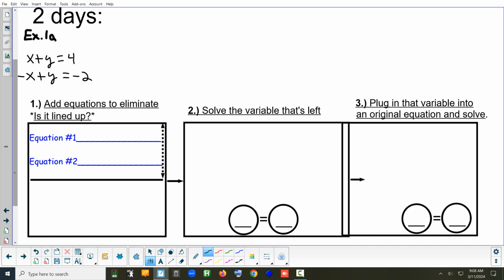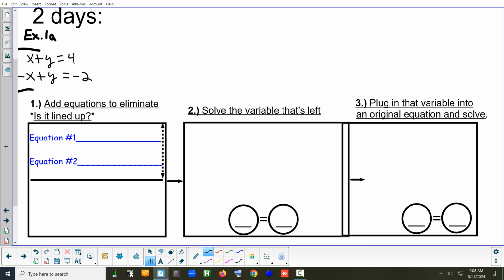If you look at the 2 equations I gave you, are the x's lined up in a column? Are the y's lined up in a column? And are just the numbers lined up? So is everything lined up in these 2 equations?